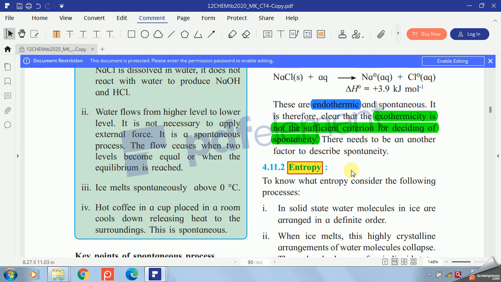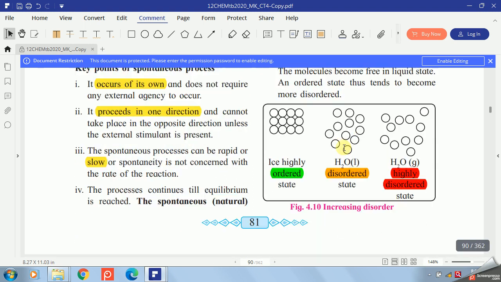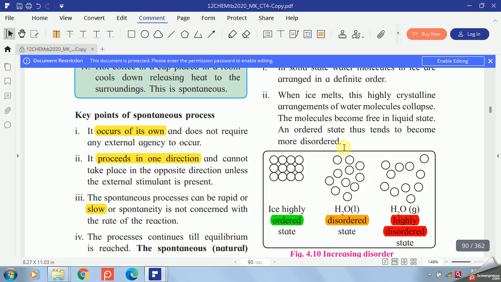Now for that purpose one more concept is required, and that concept is called entropy. All are familiar with this diagram. If you observe this diagram correctly, it indicates the orderliness and disorderliness. Molecules in solid state, for example ice, are orderly arranged.